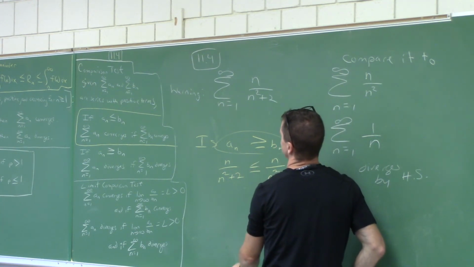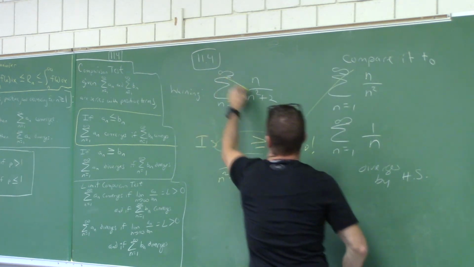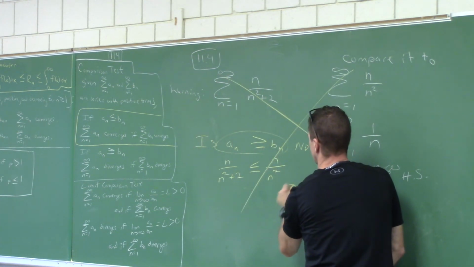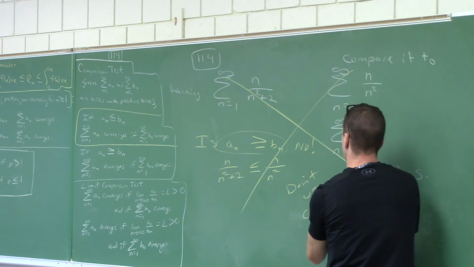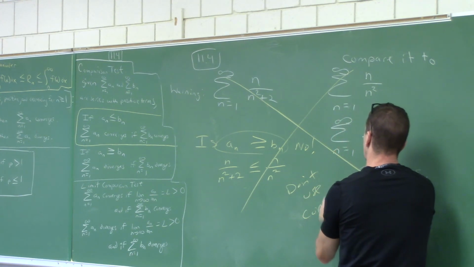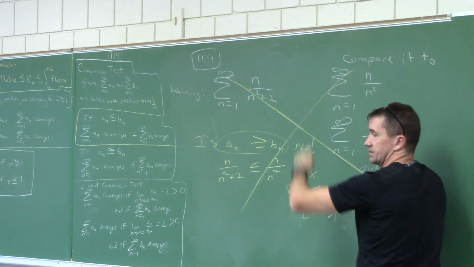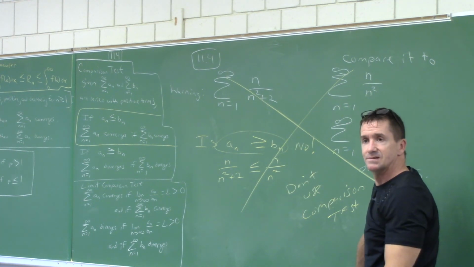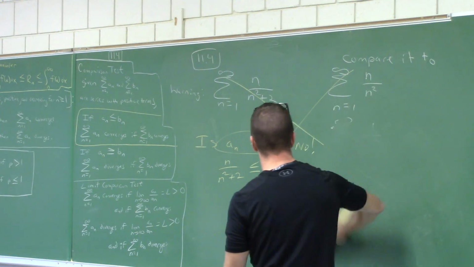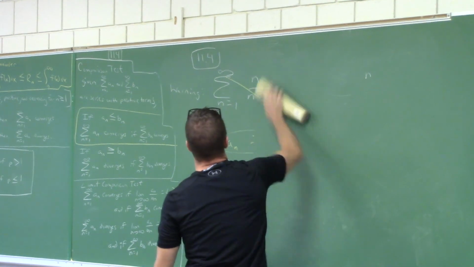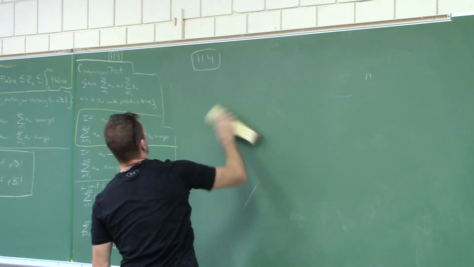So what I'm saying is, I can't use the comparison test on this problem. What would I use? Use the integral test. The integral test is easy. Great. Hey, great job with that.